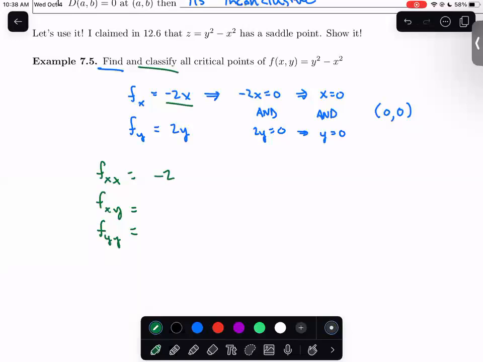If I did a mixed partial, one with respect to x, then one with respect to y, the derivative of negative 2x with respect to y is going to be 0, because there are no y's. Likewise, if I did y first and then x, again, you would get 0. Mixed partials are going to be equal here. And then finally, if you take two partial derivatives, both with respect to y, you're going to get 2.